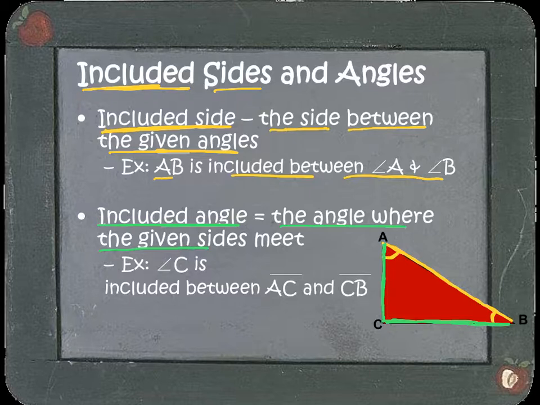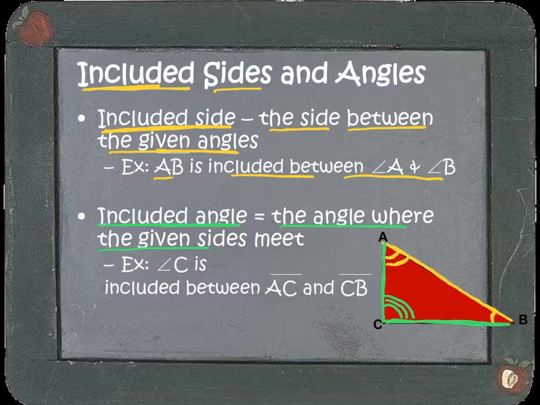Which angle is where those two lines meet up? Angle C. It's right in between them. I shouldn't have made these angles congruent there. I don't know why I did that. So angle C is an included angle. If I ask what the included angle for AC and CB is, you just look where they meet up.